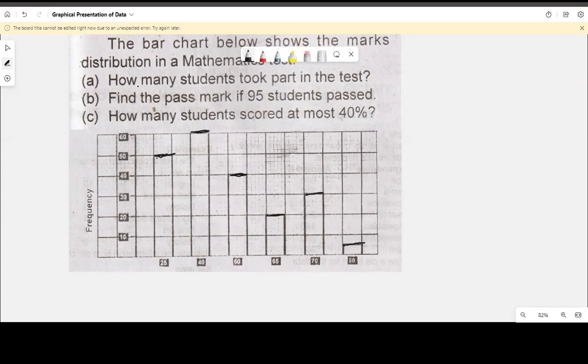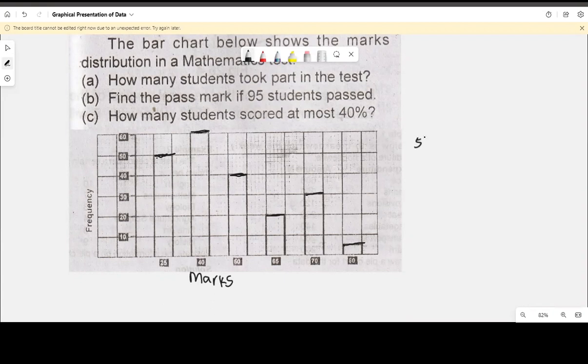So to answer this question A, which says how many students took part in the test, we are going to add. Remember, this is a frequency, which is the number of students, and on the horizontal axis come the marks. So 26, how many people score 26? 50 people score 26.